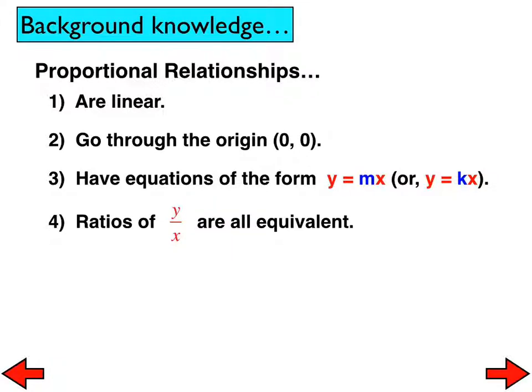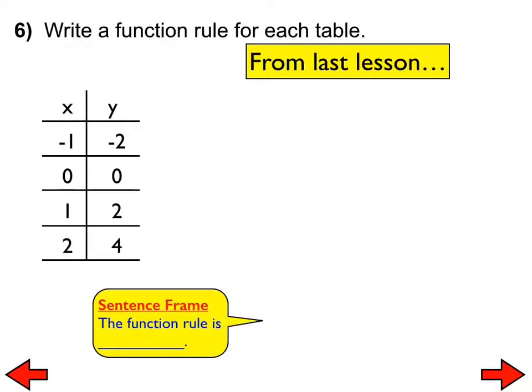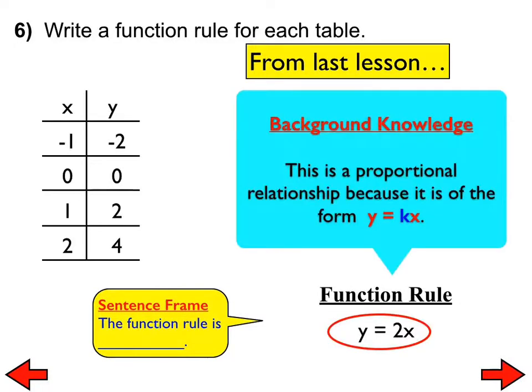And what I'm going to do here before we actually get into today's lesson is show you two tables from yesterday, and I'll show you a way of looking at the ratios to prove whether something is a proportional relationship or not. All right, so here was a problem from last lesson. This ended up having a function rule of y equals 2x. We talked about the fact that, yes, that is a proportional relationship. But let's take a look at the ratios of y over x.